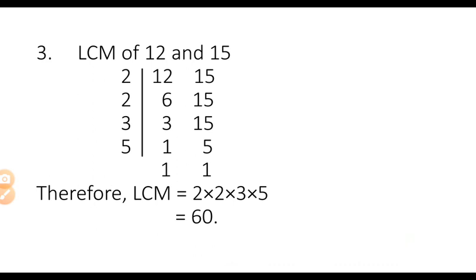Then we use 5. 5 into 5 is 1. So we have 1, 1. And we therefore multiply our prime factors, which is 2 times 2 times 3 times 5. Well, that is simply going to be 12 times 5. That is 60. So the LCM of 12 and 15 is 60.